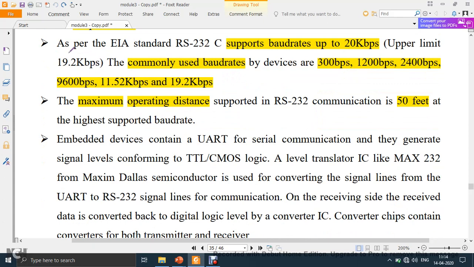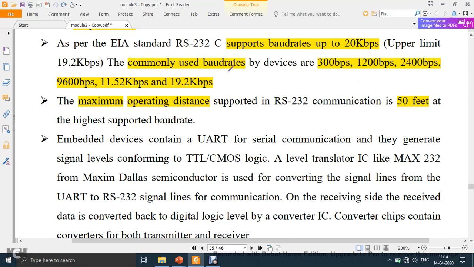As per EIA standards, RS-232 supports baud rates up to 20 kbps. This is the upper limit. It is a rough value, but the exact value is 19.2 kbps, the maximum data rate.